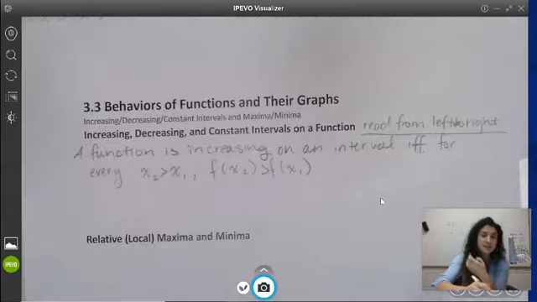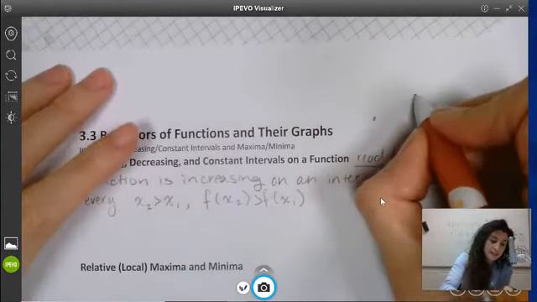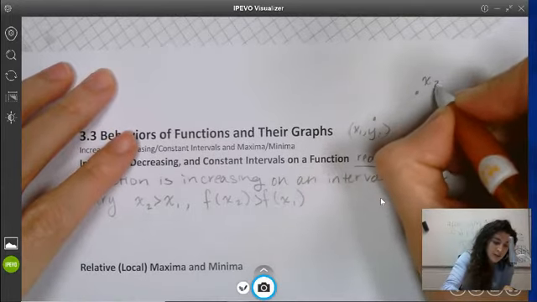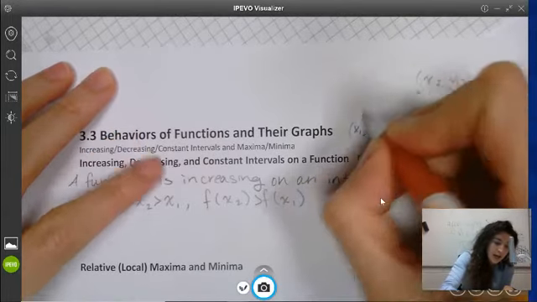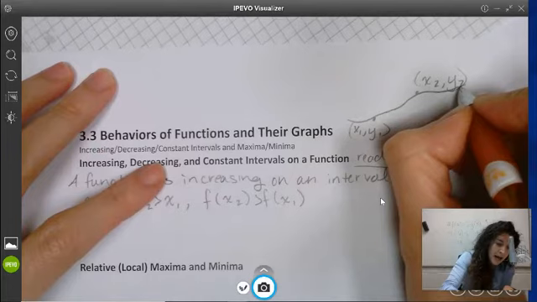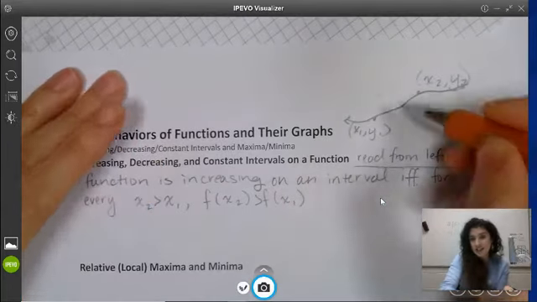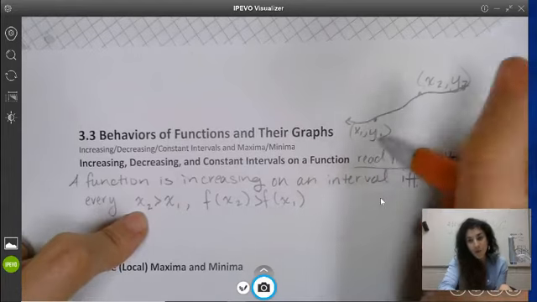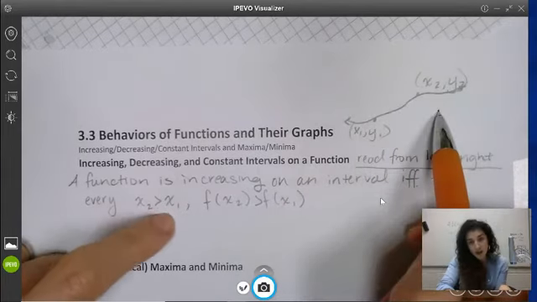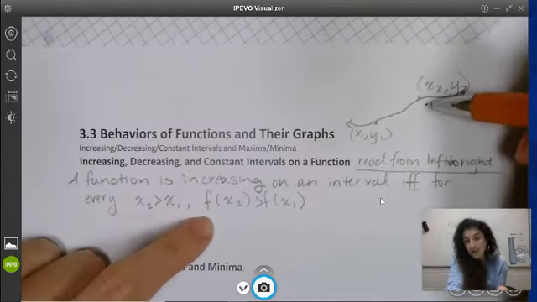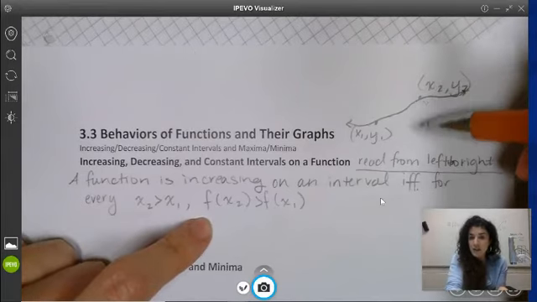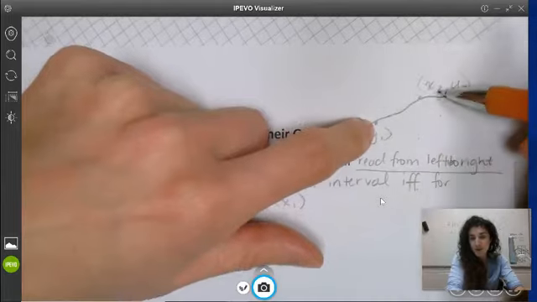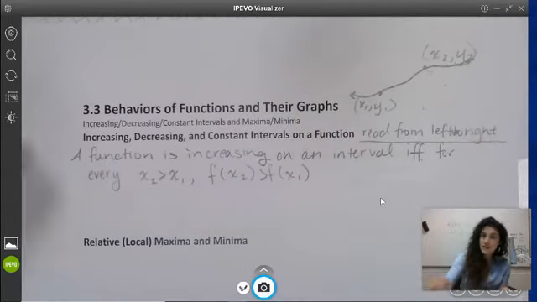If we think about two points, (x1, y1) and (x2, y2), on a graph, it is increasing if when x2 is greater than x1, in other words, going from left to right, then the y value of x2 is greater than the y value of x1. We've gone up from the previous point, okay?